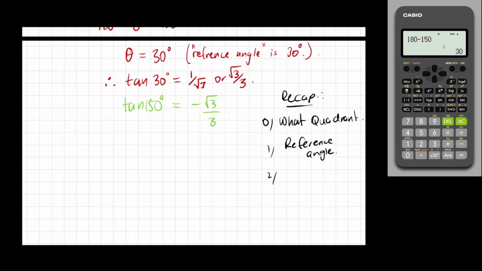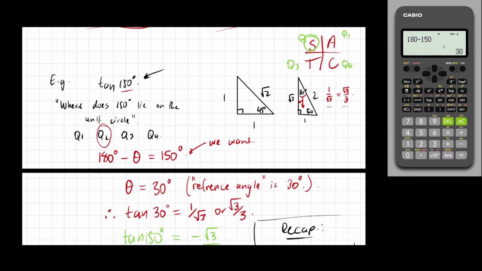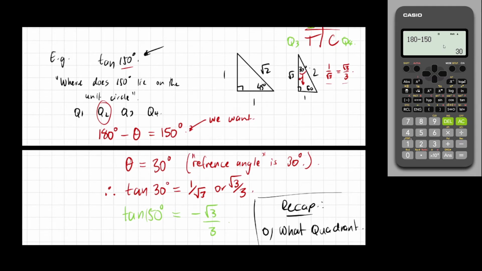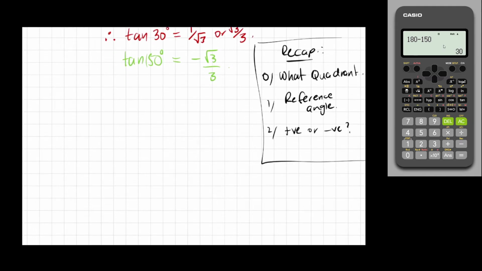Step 2, positive or negative, okay? So this is basically the step-by-step of what you need to do to work out whether this is positive or negative. Now, as I said before, this is how we do it for when it's between 90 and 180 degrees. And there's basically 3 rules that we can use to work it out.